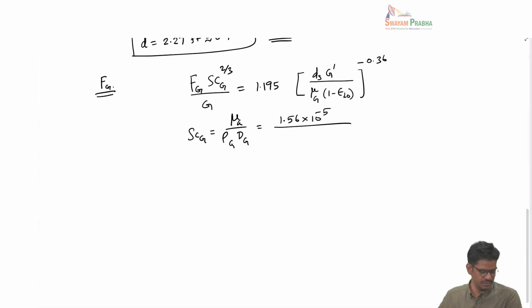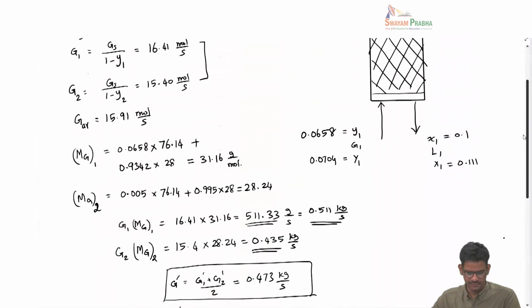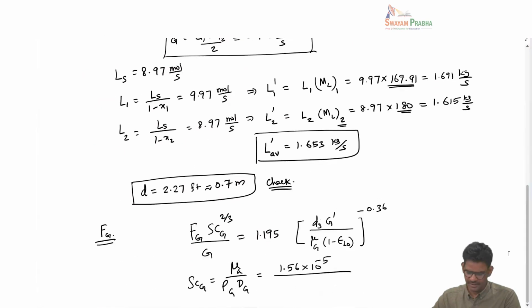It should be mu by rho. Please change if the question says so. It is mu by rho. So mu by rho is the kinematic viscosity divided by the mass diffusivity.